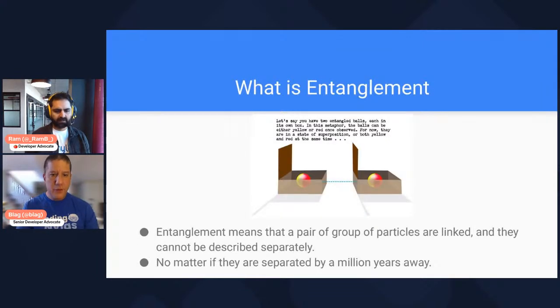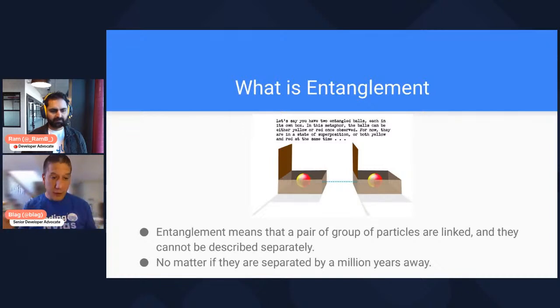So we also have entanglement. Entanglement means a pair or a group of particles are linked together and cannot be discussed separately, even if they are a million years away from each other. Let's say we have these two boxes. Inside one there's a red ball, and the other also has a red ball.